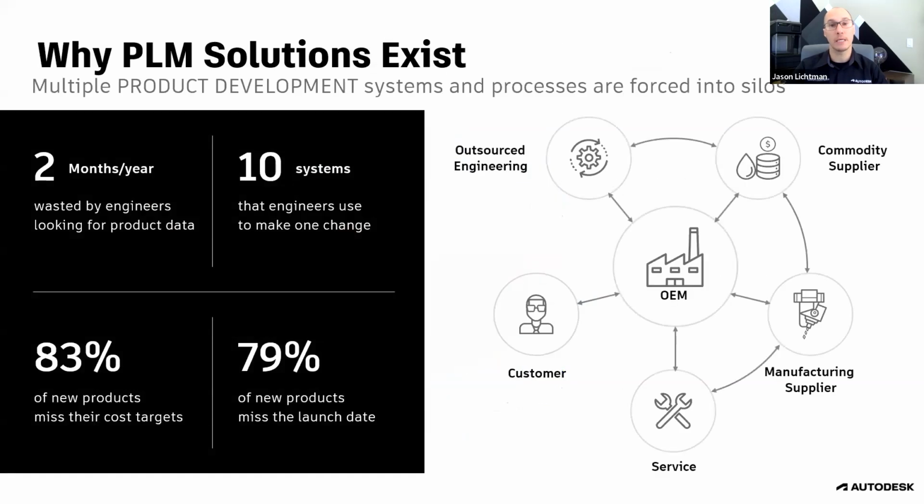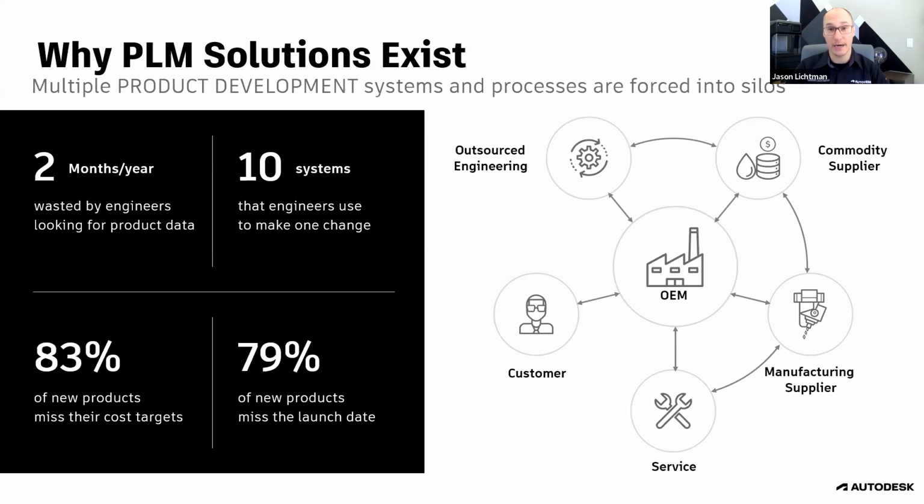Now, the reason PLM exists is because most product development systems tend to be in those silos that we showed earlier, right? The data is constantly going back and forth between those different departments. And as a result, data can often slip through the cracks, so to speak. And as a result, you have a bunch of facts that you'll probably hear from various different sources, like what I've heard, which is that 2 months out of every year is just completely wasted time for each engineer.